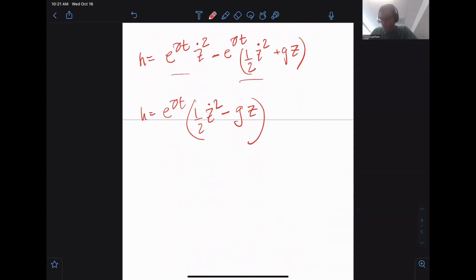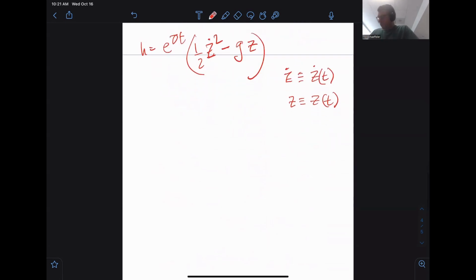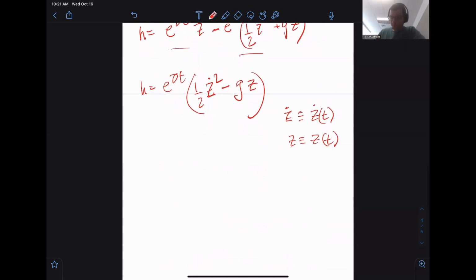Okay, and when we do this, we have to be a little careful because when we're doing the full time derivative, we have to remember that z dot is a function of time, and so is z.